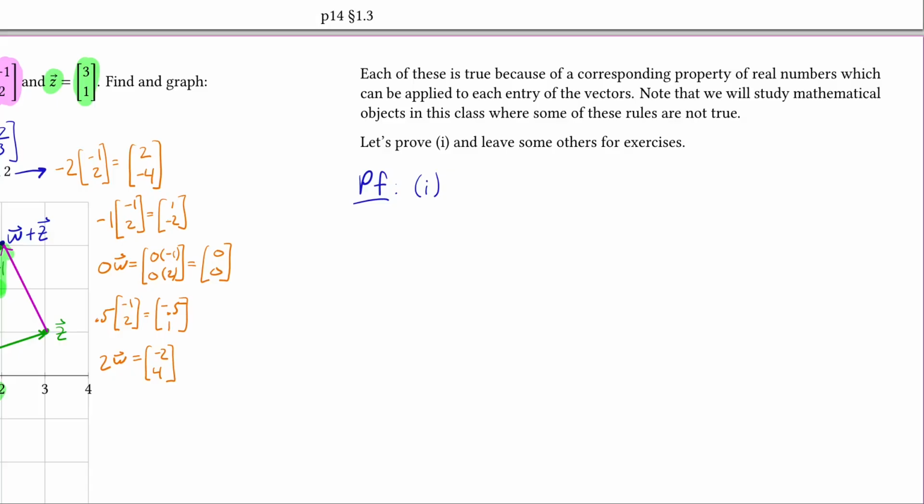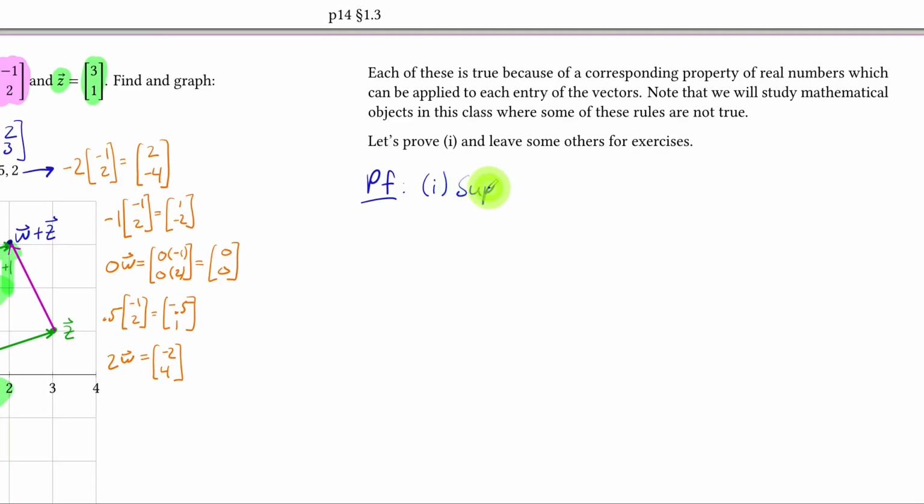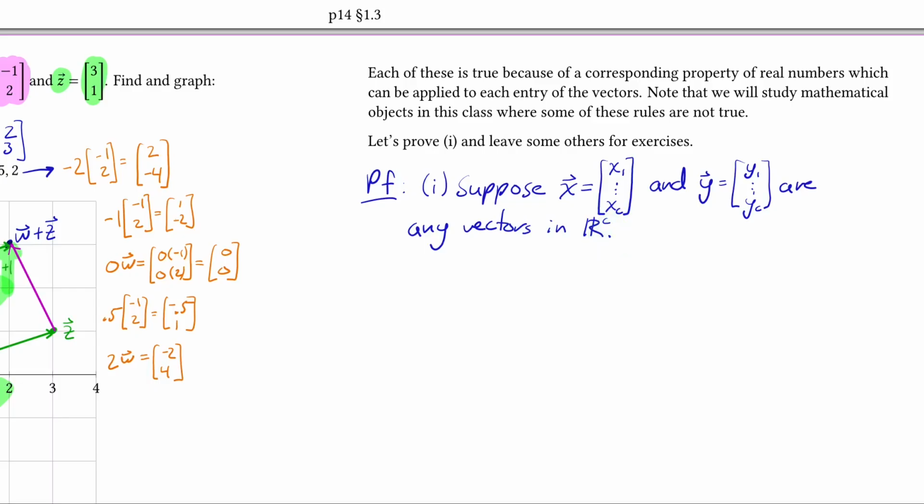So we want to start by saying, suppose x and y are vectors in R^c, but we know any vector in R^c is made up of a list of numbers, so let's just label the list of numbers as x1 through xc. And then we want to show that if we do x plus y, it's got to be the same thing as y plus x.